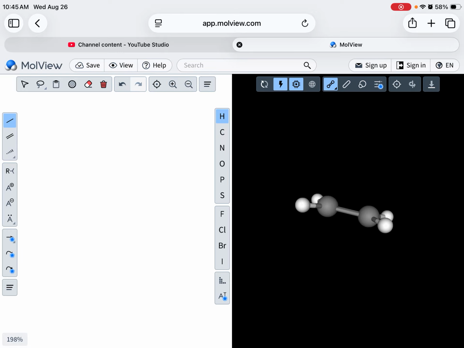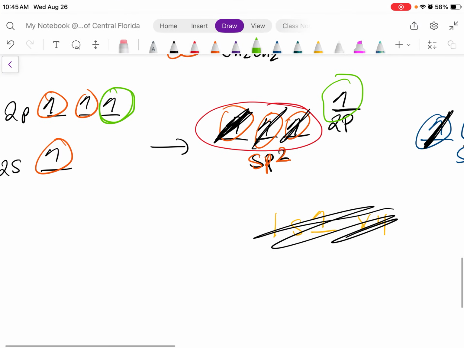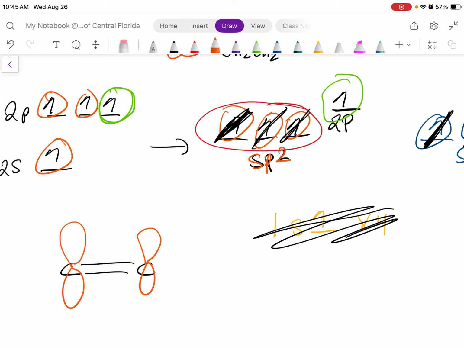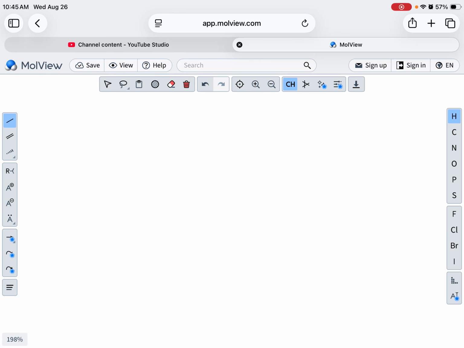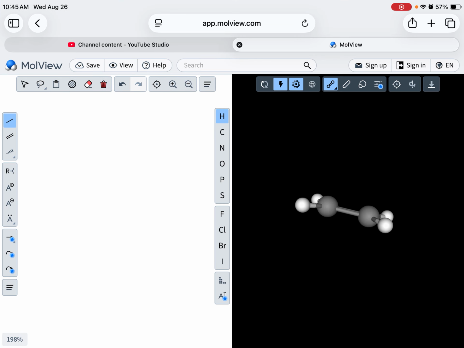So what that is going to look like is if I draw the two carbons like this, and I'm not worrying about the sp2 hybridized orbitals, the p orbitals are going to be perpendicular to the sp2 hybridized orbitals. So envision, when we come back here, that those p orbitals are just on the top face and the bottom face of that molecule that I'm showing you on the right.